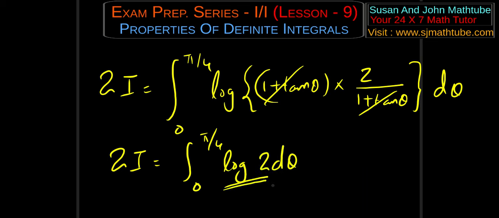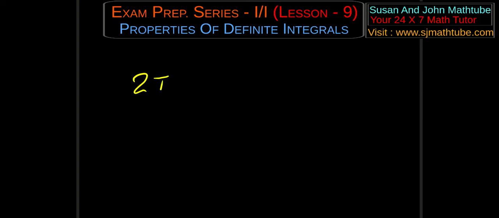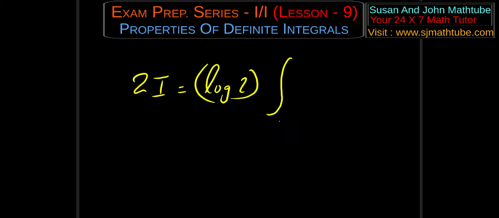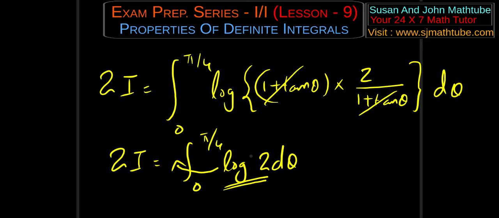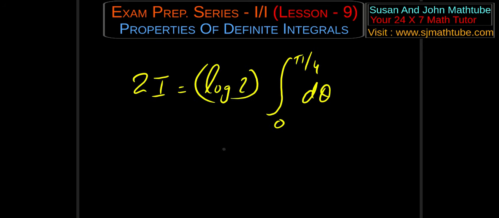Log 2 is not a standard value, so it's just a constant. Log 2 is a number, it's a constant. So we get 2I is equal to log 2 times integral 0 to pi/4 d theta. I just took the constant outside the integral symbol.